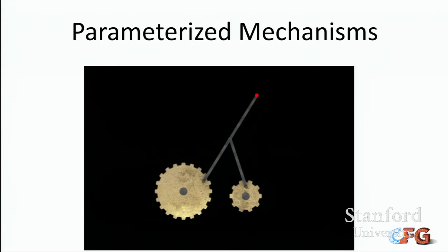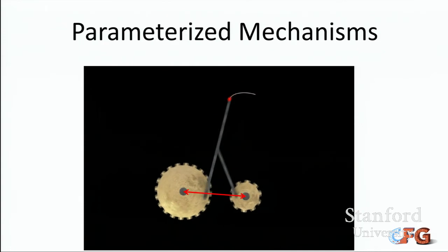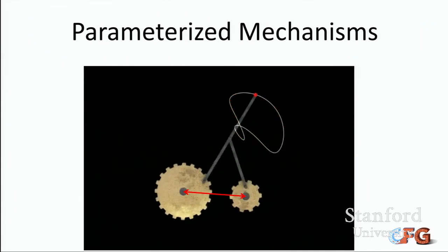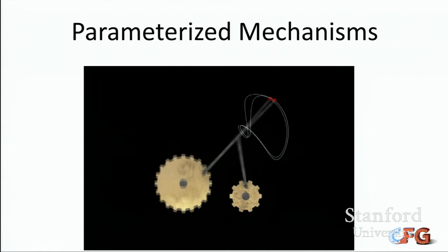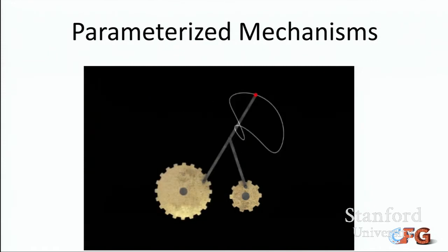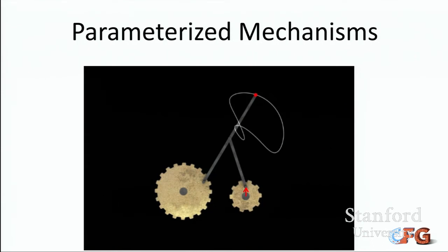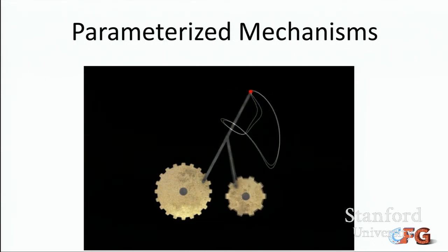So even if you take this very simple 5-bar linkage, you will see that it spans a very large space of different motion trajectories. If we start changing the parameters here, you will see that the corresponding motions that this simple mechanism provides can be fairly varied. And again, this is a very, very simple structure.